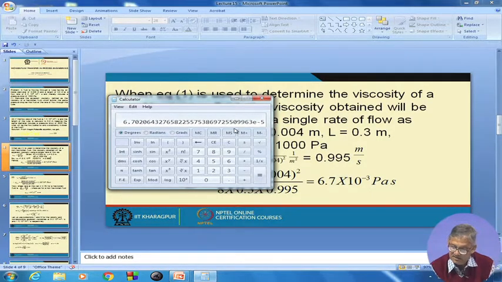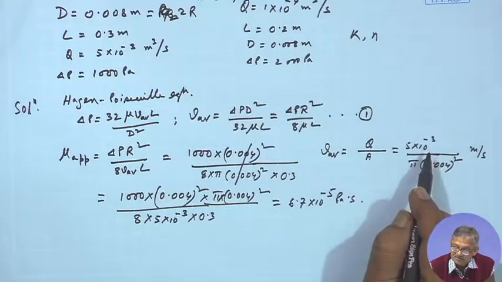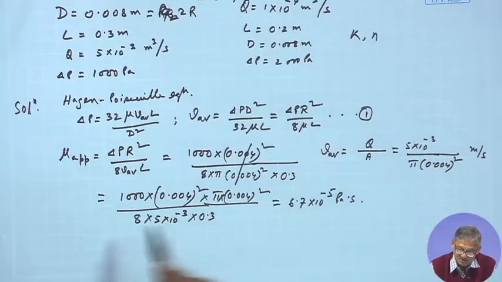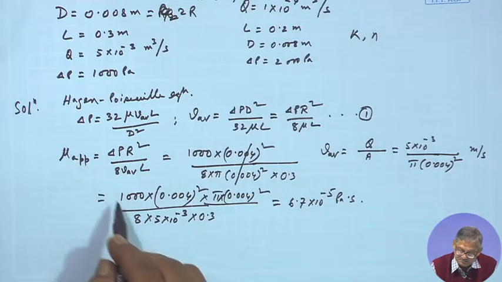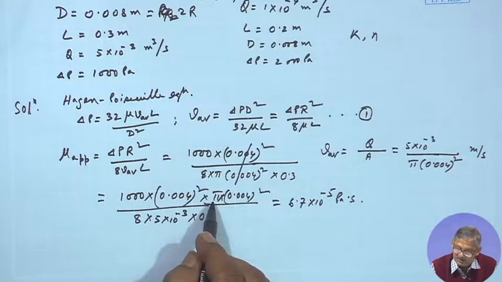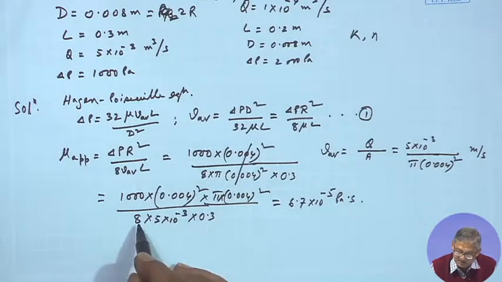Why is 10 to the power minus 3 coming here? It is pi 0.004 square, 5 10 to the minus 3 meter cube per second. This is meter square. So 1000 delta P, 0.004 square pi into 0.004 square, fine, by 8.